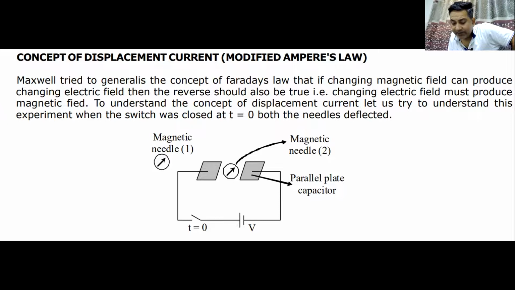So, what is happening here in displacement current? If you have a changing magnetic field with time, that will create an electric field. If you have a changing electric field with time, that will create a magnetic field. So both of these things are happening together. Do we understand this?